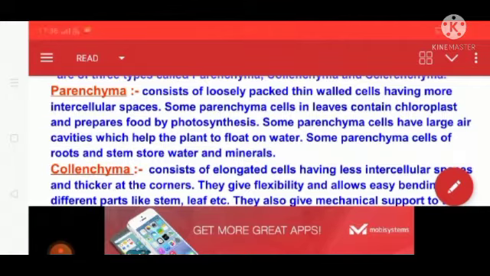It gives turgidity to stem of herbaceous plant. Parenchyma tissue store waste like tannin, gum, etc. and food material like starch.